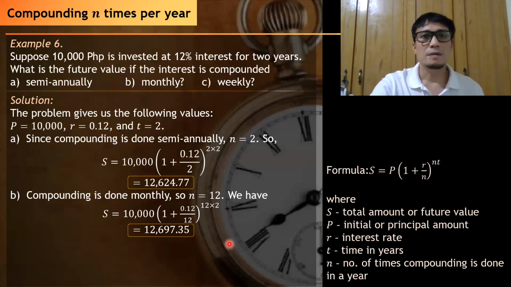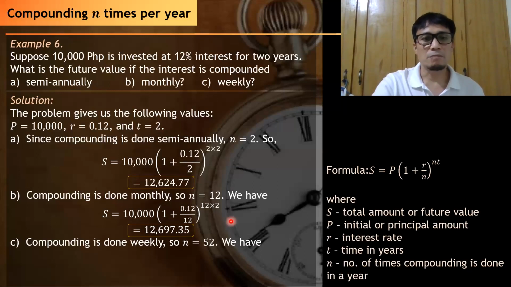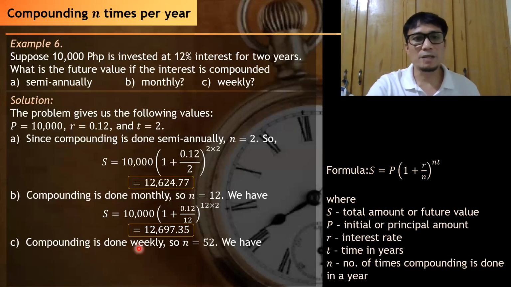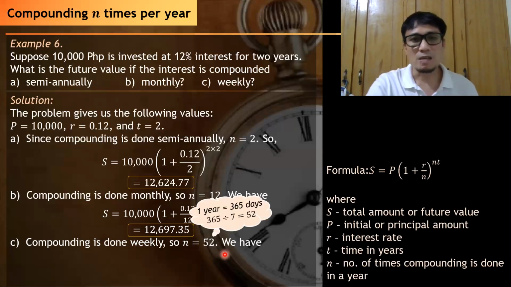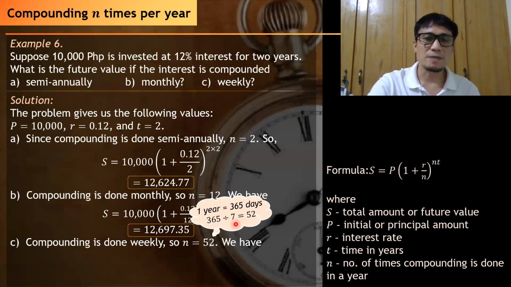Third, compounding is done weekly. So how many times in a year is that? N is equal to 52 now. That's the number of times you're going to compound the interest rate. Why 52? Because in 1 year you have 365 days, so you divide 365 by 7, where 7 is the number of days in 1 week. So you have 52.